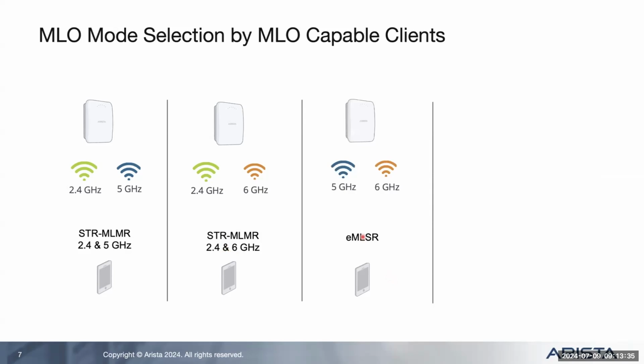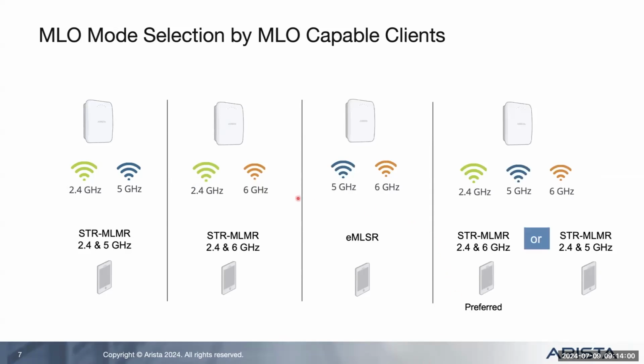When we have SSIDs on 5 and 6, we happen to see EMLSR in a few clients, and some of the other popular clients don't efficiently form an EMLSR link. This is the kind of thing we need to know in advance, because the client ecosystem is quite important for enterprise deployment. We need to clearly understand in what cases what mode would operate for this client.